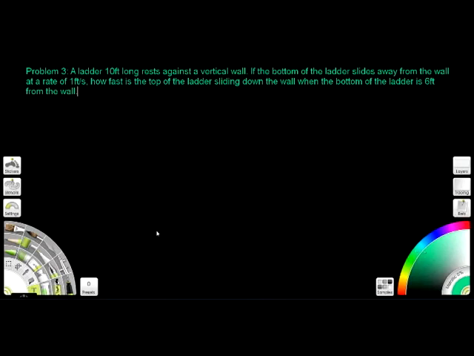Problem 3. A ladder 10 feet long rests against a vertical wall. If the bottom of the ladder slides away from the wall at a rate of 1 foot per second, how fast is the top of the ladder sliding down the wall when the bottom of the ladder is 6 feet from the wall? We start by drawing a picture and identifying what we know. The ladder is 10 feet.